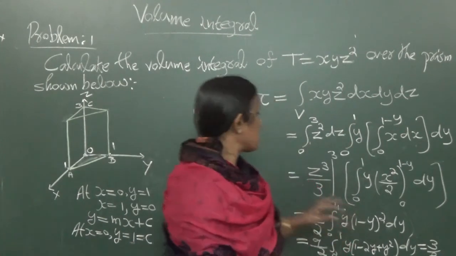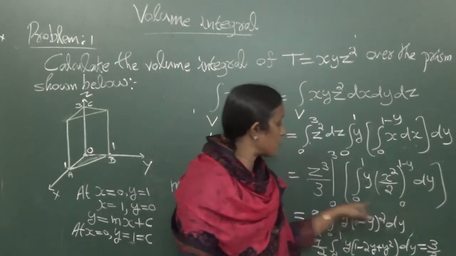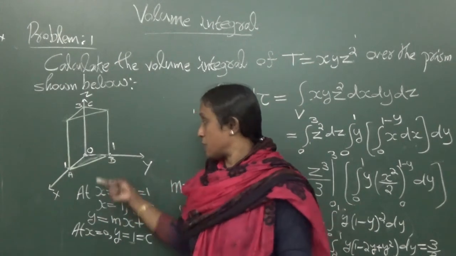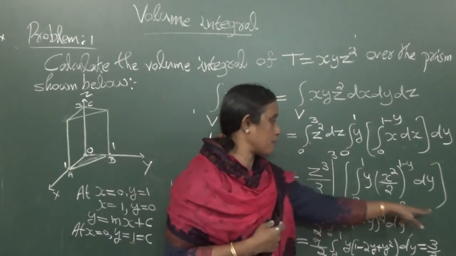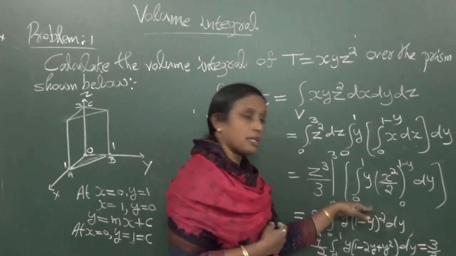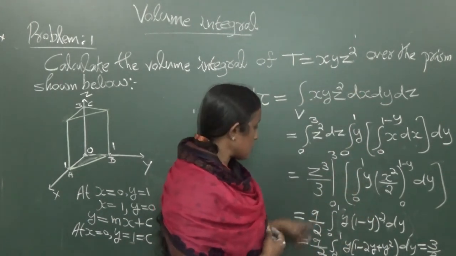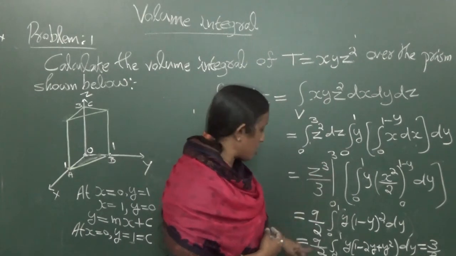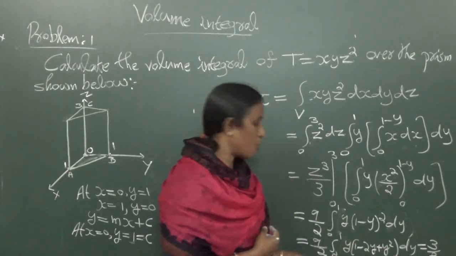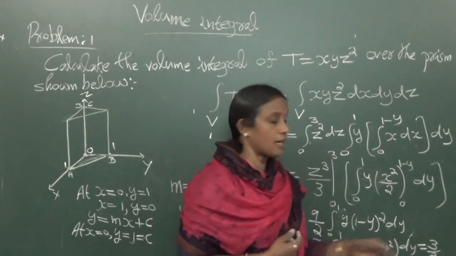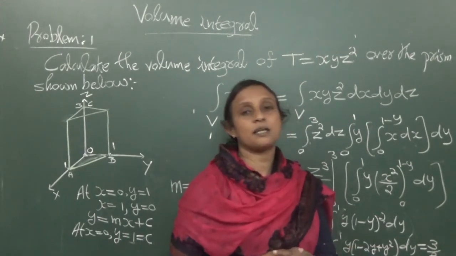These terms represent the area of this base. Once you find this, the integration over the z-axis from 0 to 3 gives you this volume integral. It is obtained as 3 by 8.